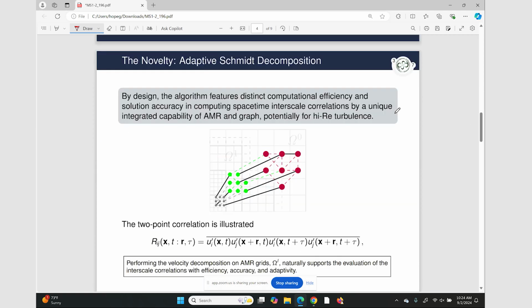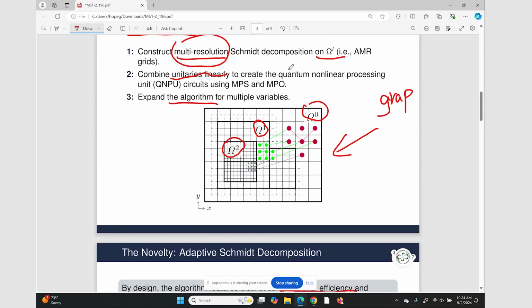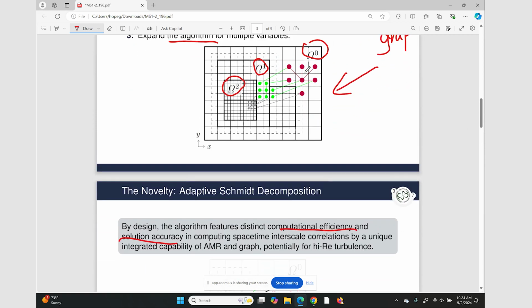By design, this algorithm features distinct computational efficiency and solution accuracy. The reason I claim this is that Schmidt decomposition on a grid with different resolutions is faster than on a uniform grid. Imagine you have a uniform grid everywhere, Omega 2.